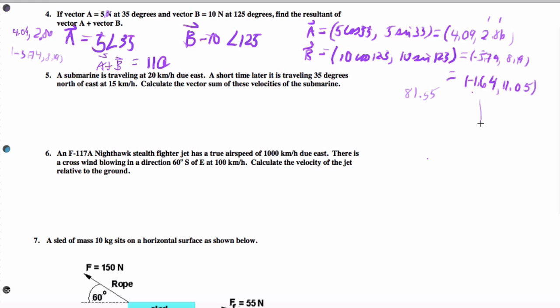But here's the thing. That's what this would be. I need the angle over here. So what I need to do is take 180 minus this angle. And that's going to give me 98 degrees for the angle. So that's question number 3 and 4.